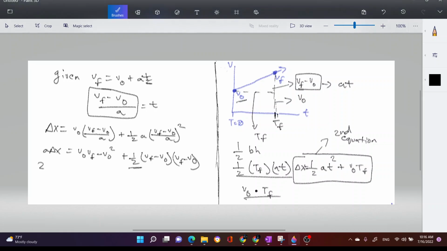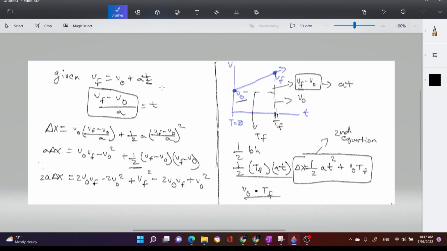So that would give us 2A delta X is equal to 2 V naught VF minus 2 V naught squared, plus that becomes a 1, so we ignore it. And then we FOIL this out, so that would just be VF squared minus 2 V naught VF plus V naught squared. Alright, so we've gotten this far.